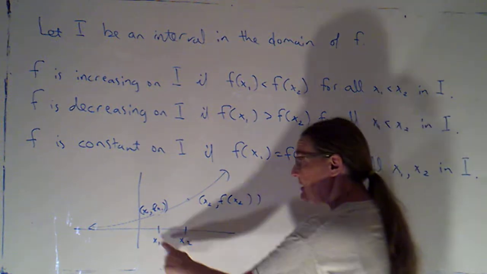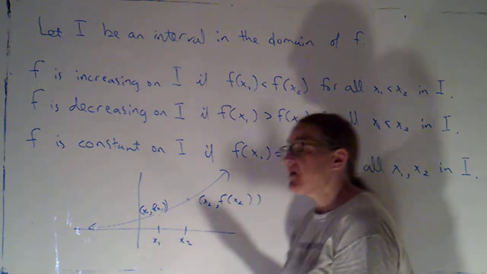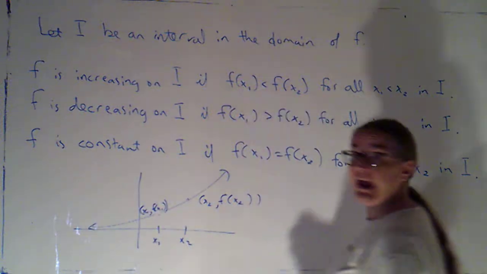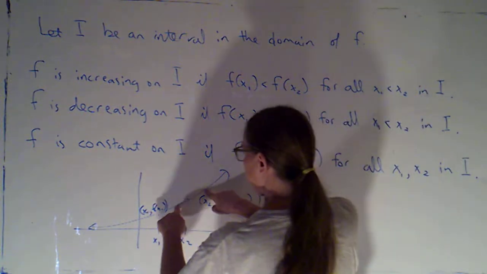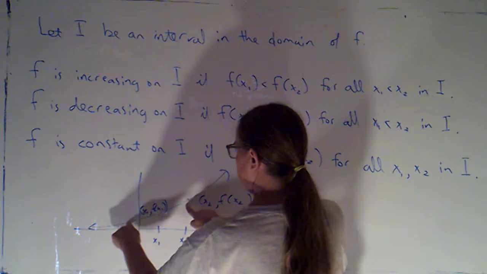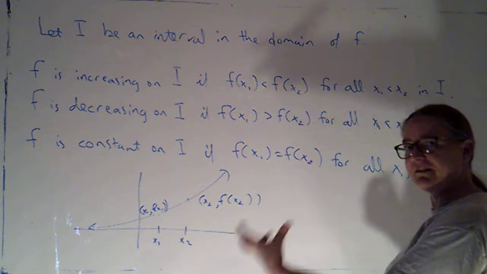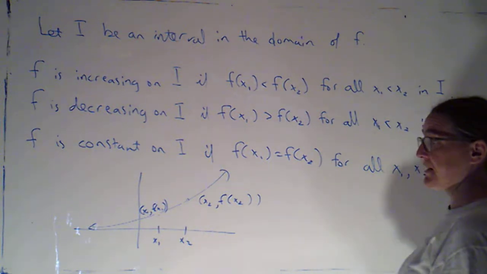I don't say the function is increasing at x1 because that's not an interval. But I could actually say this function is increasing everywhere from negative infinity to infinity, because no matter what 2 points I choose, as long as I pick 2 points on the graph, the left point is always going to be lower than the right point.